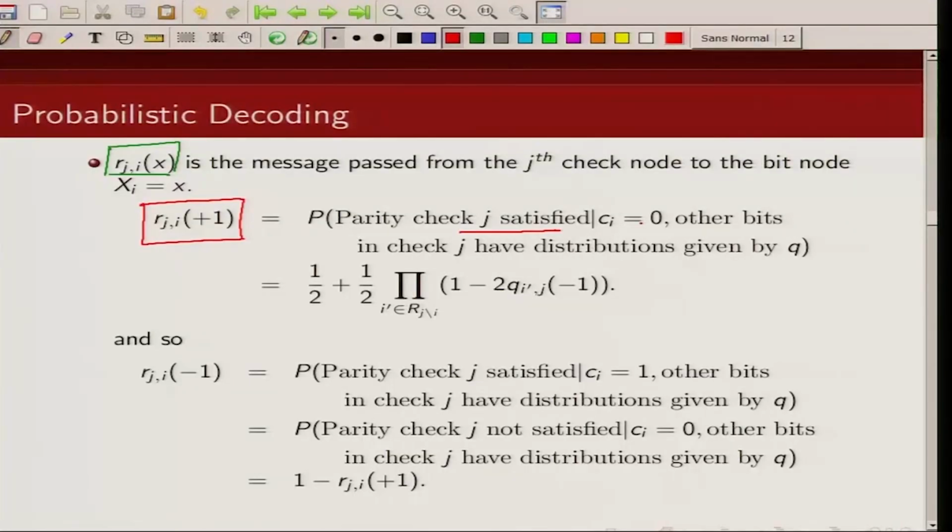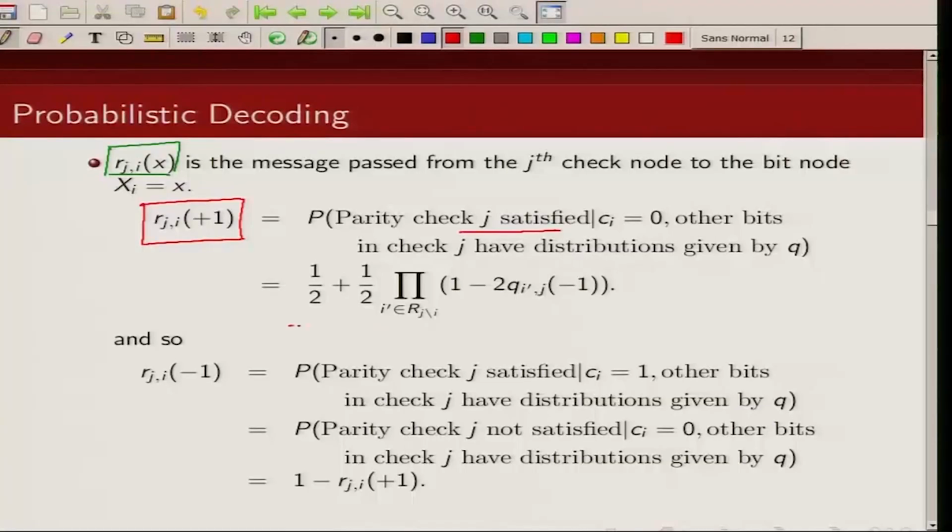Now, what is the probability that the jth parity check constraint will be satisfied given Ci is 0? That probability is given by the condition that all other bits taking part in the parity check constraint, other than the Ci bit, should have even parity, and that is given by this expression. Similarly, we can find the probability that Rji is minus 1; this is 1 minus this probability.